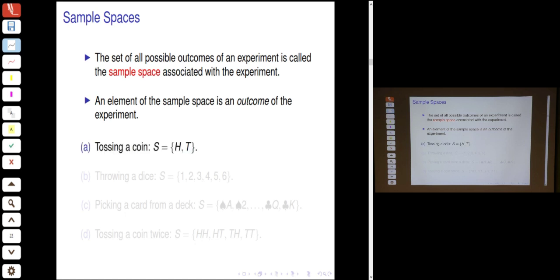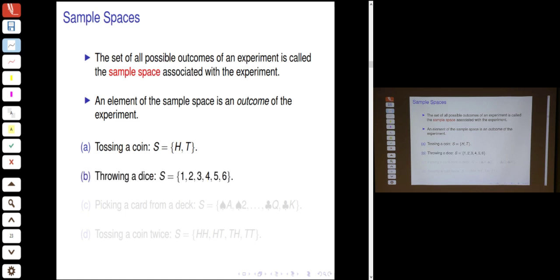So, for example, suppose the experiment is tossing a coin, the sample space consists of 2 elements, right? So because there are 2 possible outcomes, right? So the elements are called head or tail. Okay? So each element here is called an outcome of the experiment. This is just common sense.